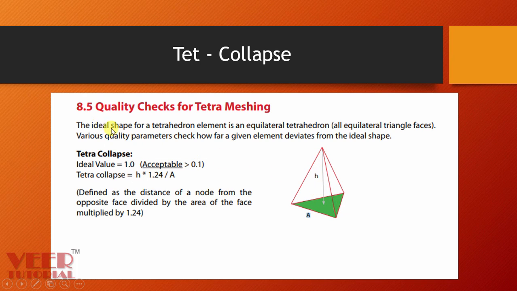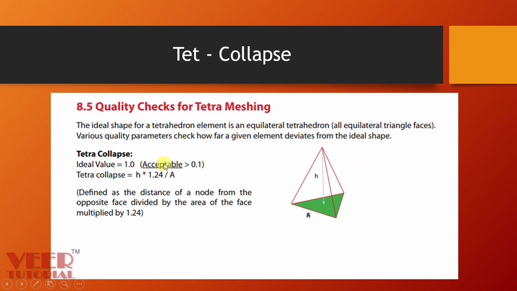So the ideal shape of a tetrahedron element is an equilateral tetrahedron. It means all the triangles are equilateral. We can see in a tetrahedron element, we have 4 triangles and all the triangles should be equilateral for an ideal element. So in the TAT collapse, we check how far a given element deviates from the ideal shape.